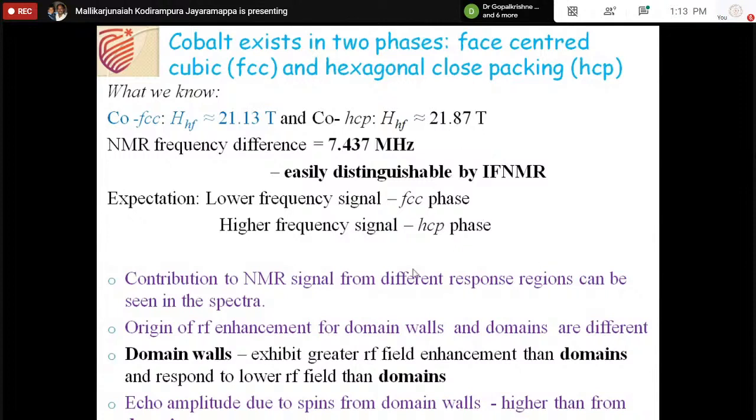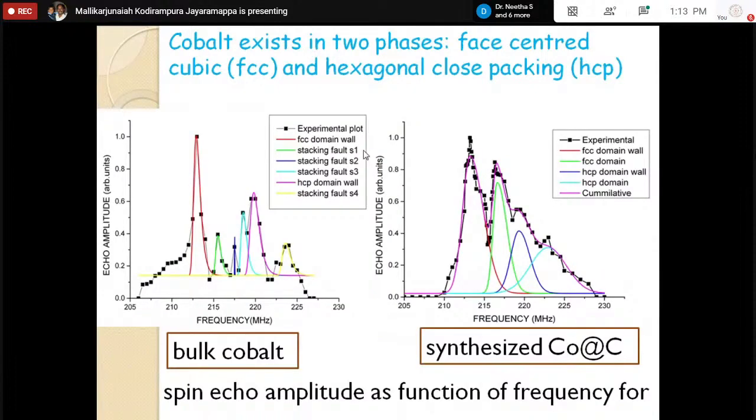Then we were able to see that cobalt FCC gives a magnetic signal, and the corresponding frequency had a difference of 7.4 megahertz, as given here, between this peak at 212 megahertz and another at 225 megahertz.